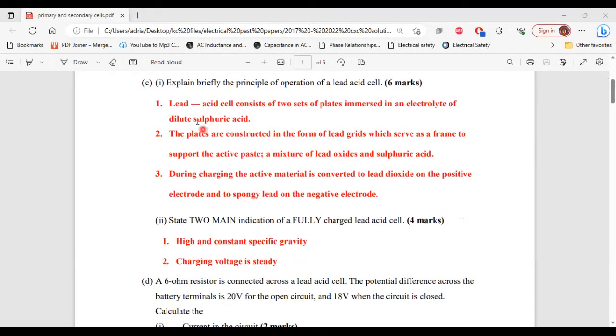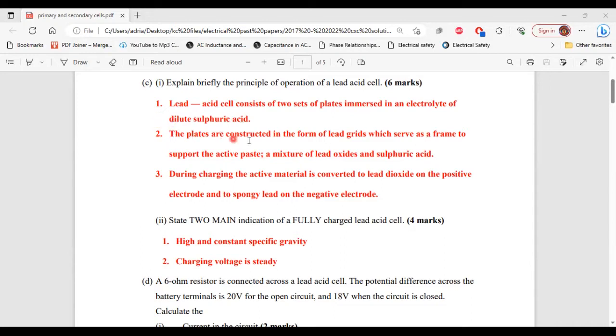For part C, part 1 of C, it says, explain briefly the principle of operation of a lead acid cell. A lead acid cell consists of 2 sets of plates immersed in an electrolyte of diluted sulfuric acid.